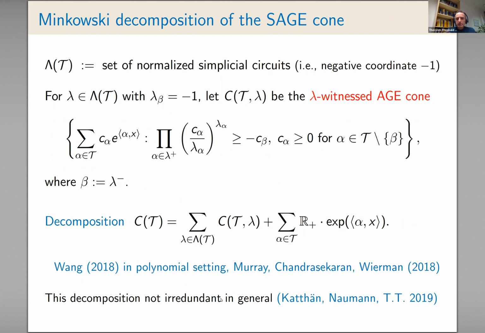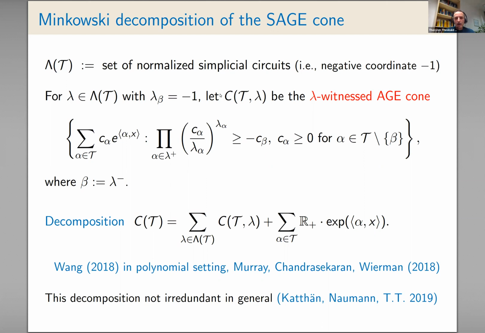And once we have that, why are they useful? They can be used to describe a nice decomposition of the cone. And therefore, whenever it comes to the geometry of the cone, this decomposition is very important. So whenever we look at these simplicial circuits, I denote by capital Lambda of T the set of normalized simplicial circuits, normalized in the sense that the negative coordinate is normalized to be -1.